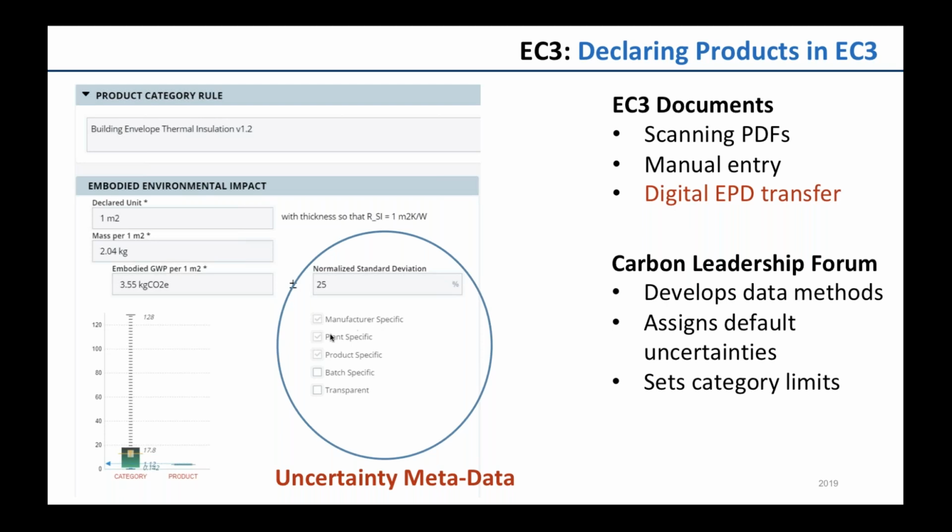So is it from a manufacturer, a single plant, or a product? And when it's not, the methodology applies that blue squishy stuff because now it's less specific, it's more uncertain.